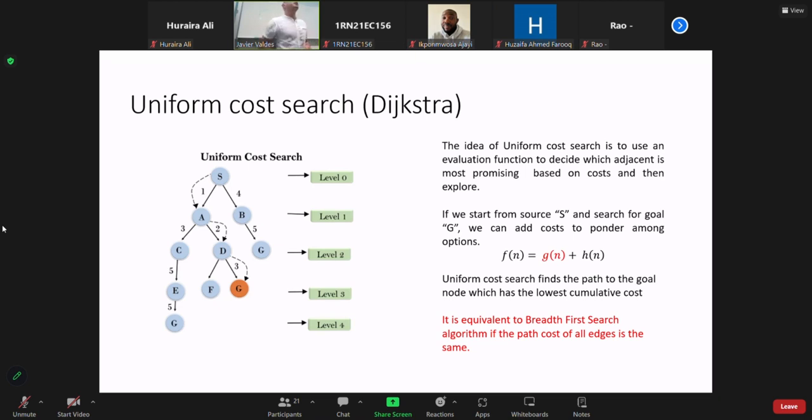Please define. I'm going to write it down in a slide so that you can follow.